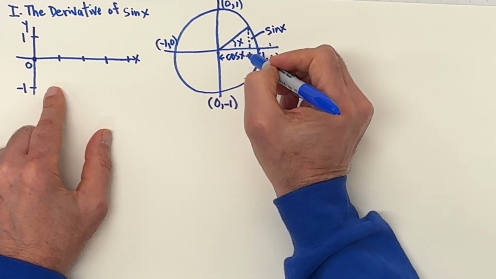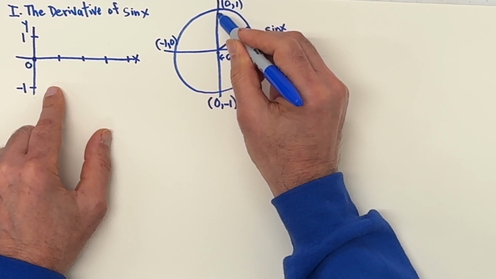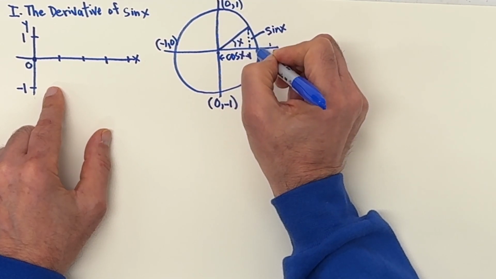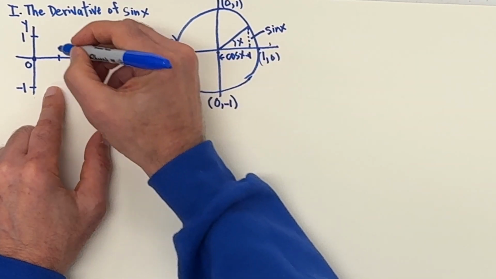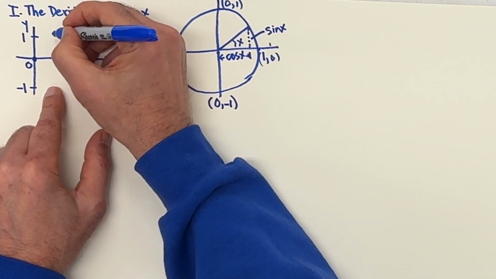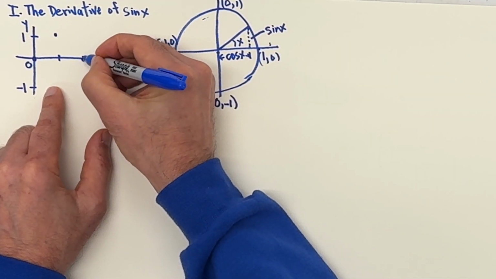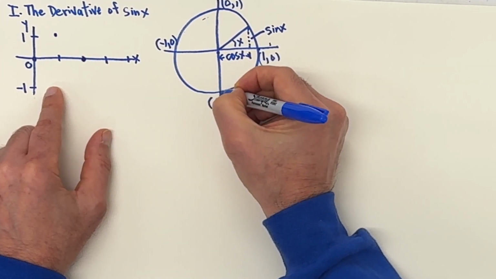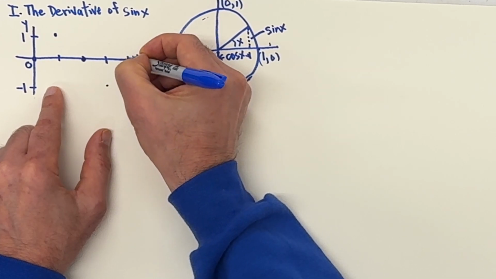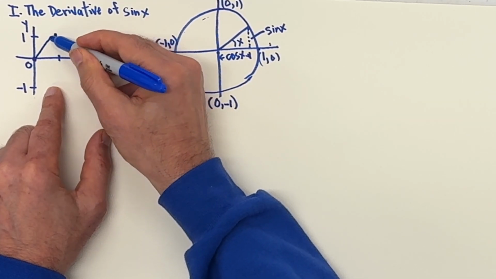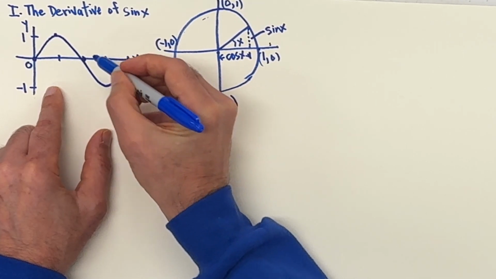And as x goes from 0 to pi over 2, that would be 90, the vertical goes to 1, so we'll come up to here. Then we come back down to 0, and then we go to -1, and then back up to 0. So we got something that's going to be like this. So that's your sine.